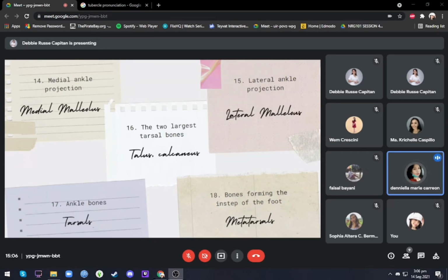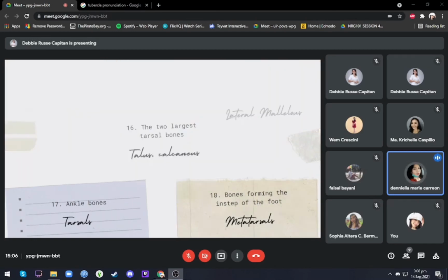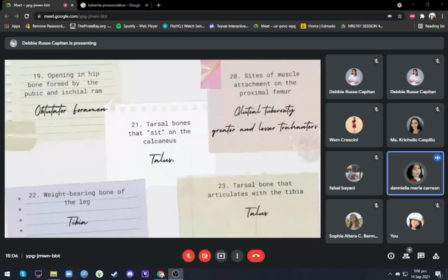Number 16, the two largest tarsal bones: talus and calcaneus. Number 17, the ankle bones: tarsals. Number 18, bones forming the instep of the foot: metatarsals. Number 19, opening in hip bone formed by the pubic and ischial rami: obturator foramen.